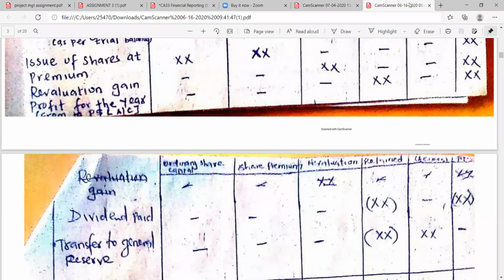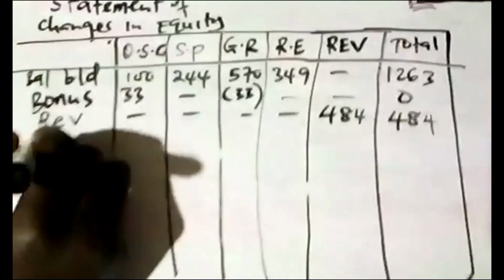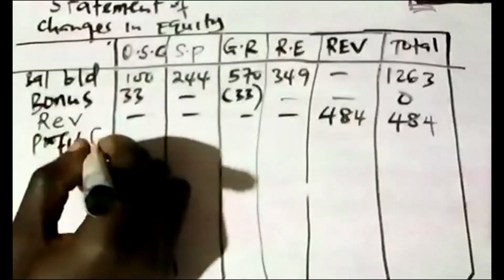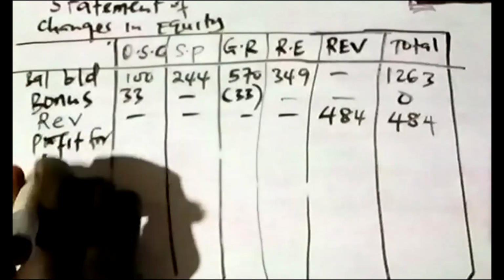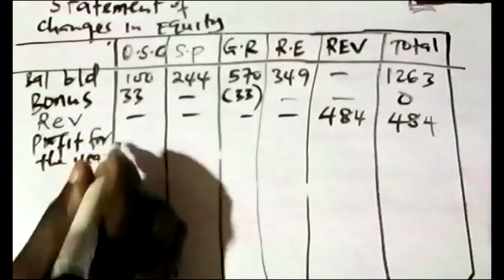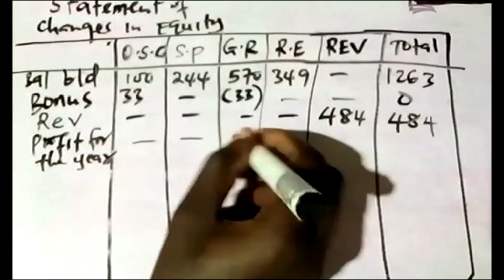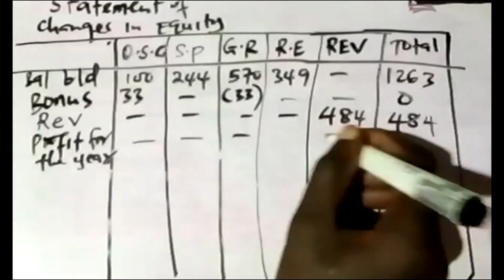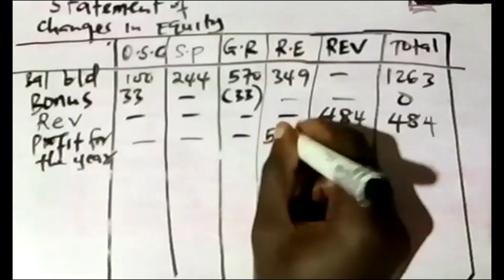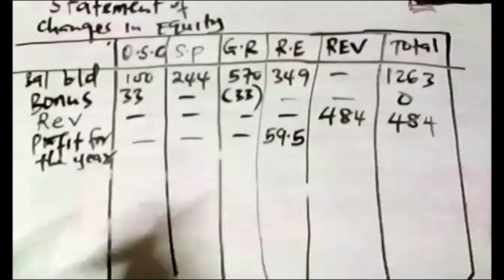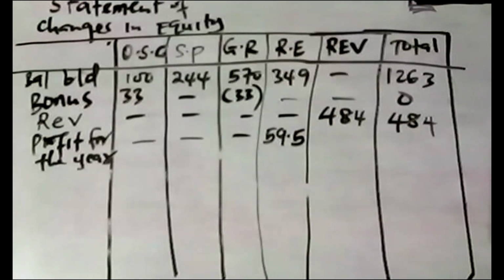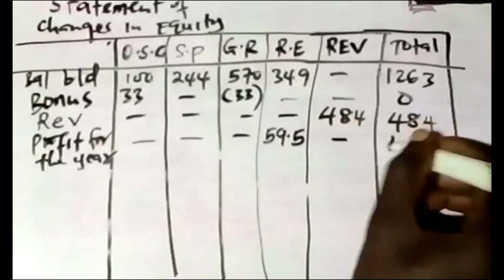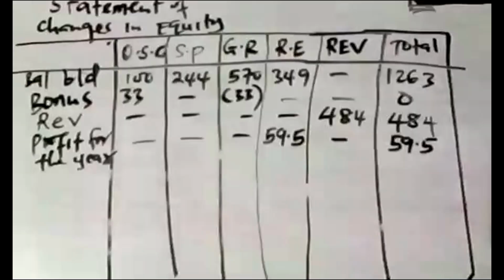Then we check if there was anything transferred. Profit for the year is the profit after tax, 59.5, from the income statement.